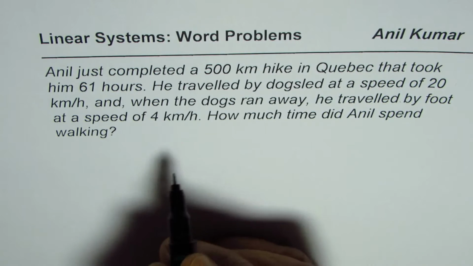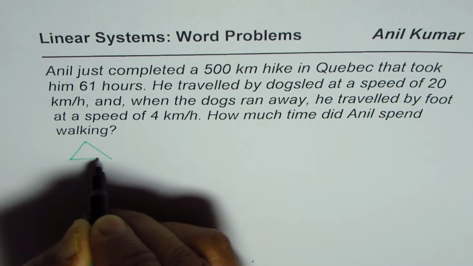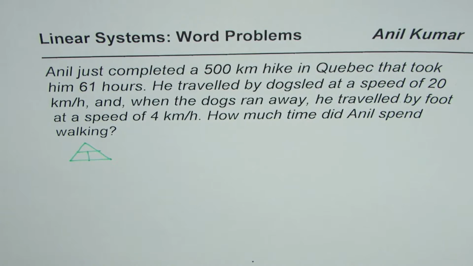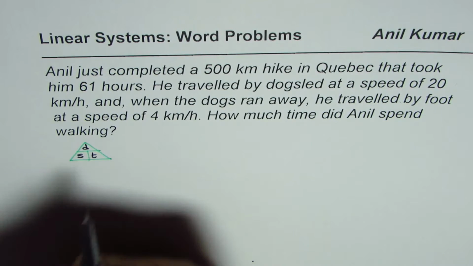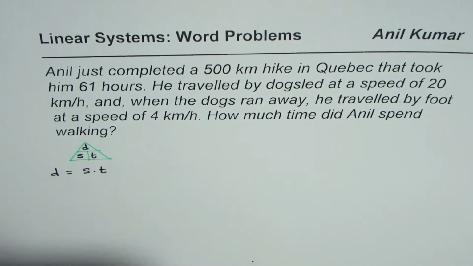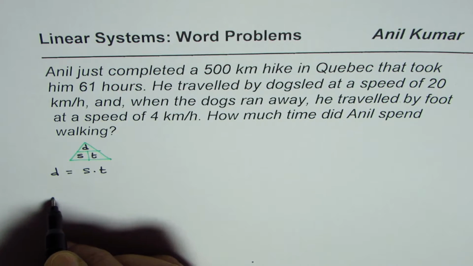So in this example, we have a distance-time relationship. First let me remind you what the relationship is. Distance is speed times time. I prefer to make a table to solve such questions.